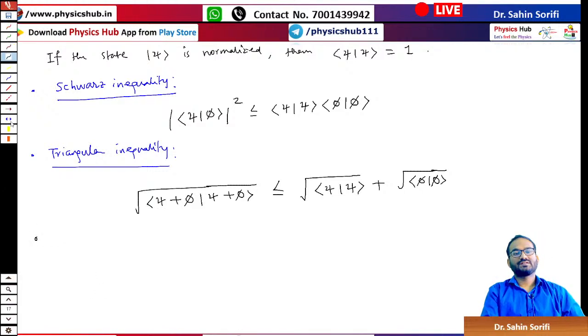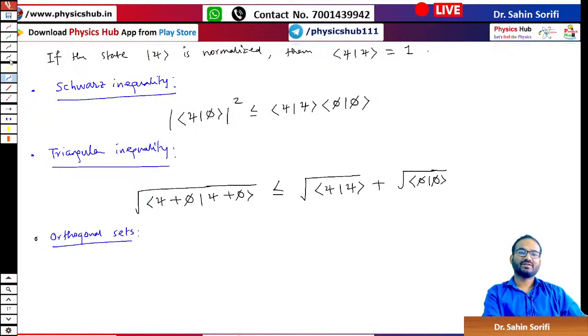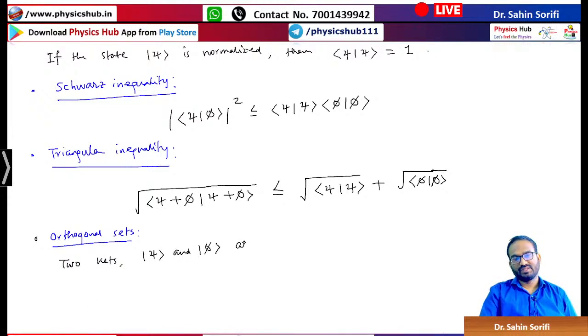Now orthogonal sets. So let's say we have a set of vectors which are orthogonal. We can also represent it in terms of the bracket notation. Let's say we have two kets, psi ket and phi ket. They are said to be orthogonal.